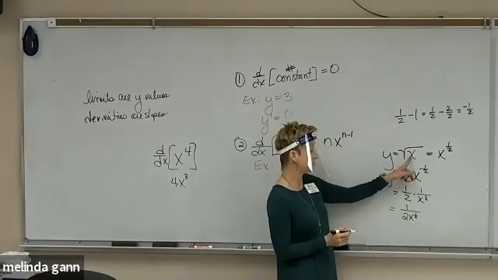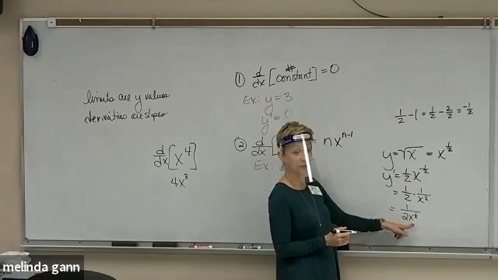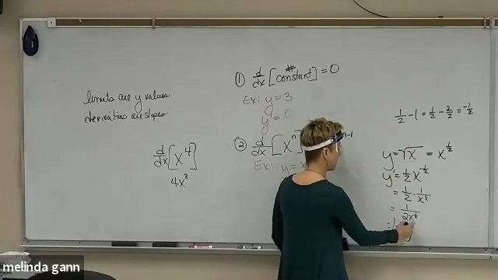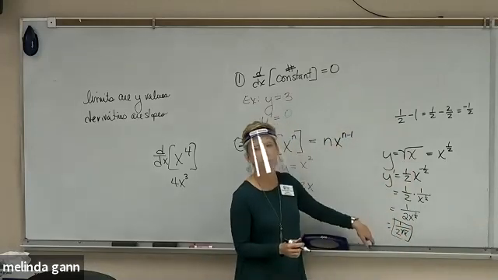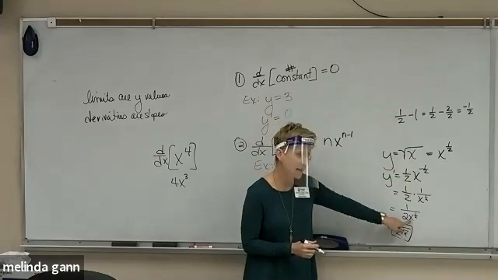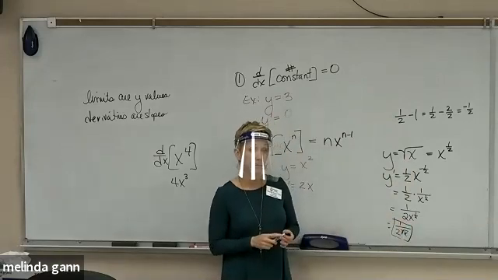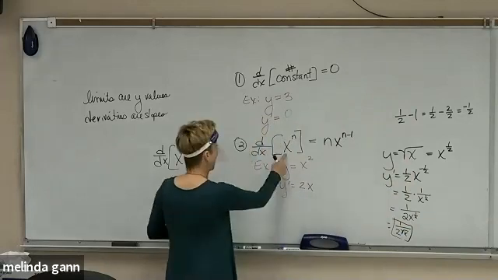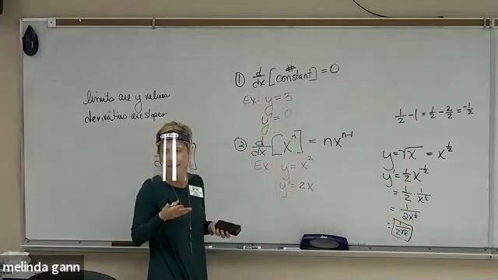Since it gave it to you as a root, it's probably going to have the answer in the back as a root. So what's the same thing as x to the 1/2? That's probably what they would have in the back of the book. And if I've got to plug a number in, I'd rather plug a number into that than that. Okay? So sometimes this power rule is a little hidden.